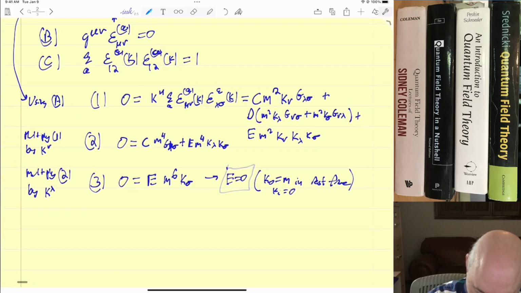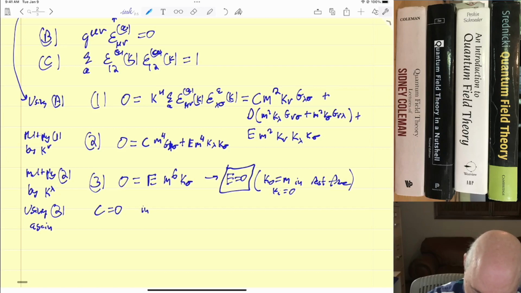Now, using equation 2 again, since now we have E equals 0, we're going to get C equals 0, because again, I can work in a rest frame.